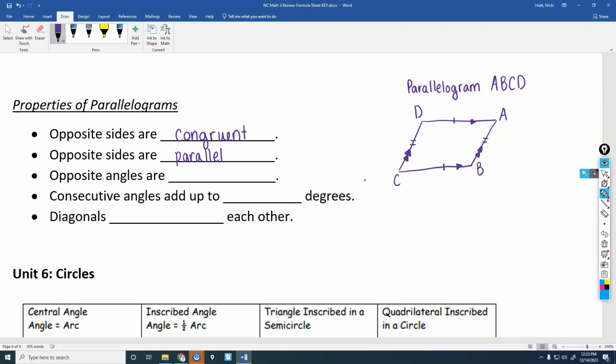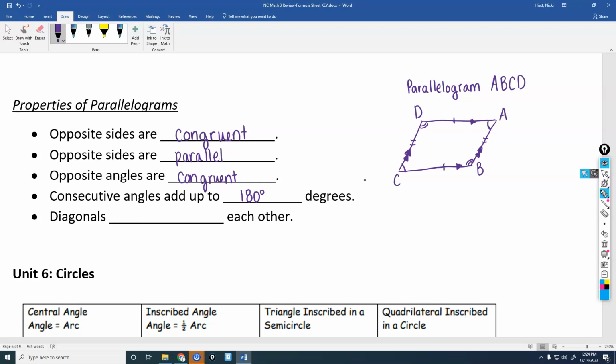Like that. Opposite angles, so like we're talking A and C here, or B and D. Opposite angles are congruent. Consecutive angles add up to, anybody remember that? 180. Okay? Give me an example of consecutive angles here. What could be two angles that would be consecutive?